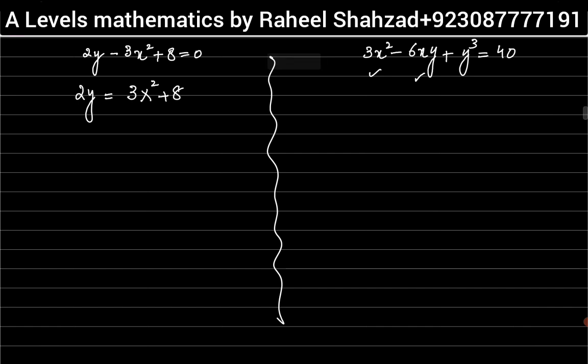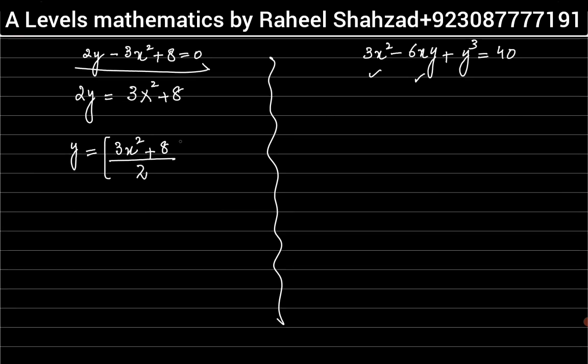Example number one states that 2y minus 3x squared plus 8 equals 0, and you can clearly see that I can make y the subject. y equals (3x squared plus 8) divided by 2, right? Easily I can make y an expression of x. We can make y the subject.